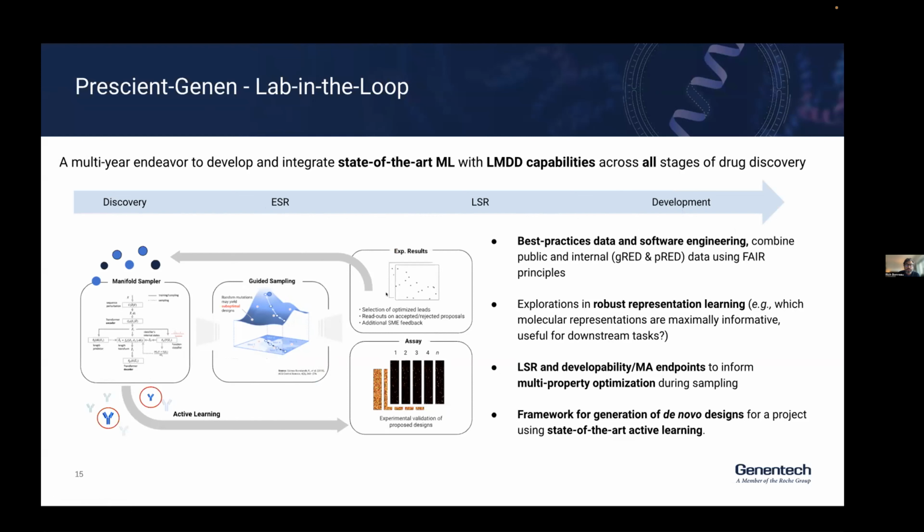We want to be able to improve the models so that late and early stage properties are integrated into a single model. And to do that, we do have to think quite a bit about our data and software engineering and how we interact with the informatics team at what is essentially a very large institution.